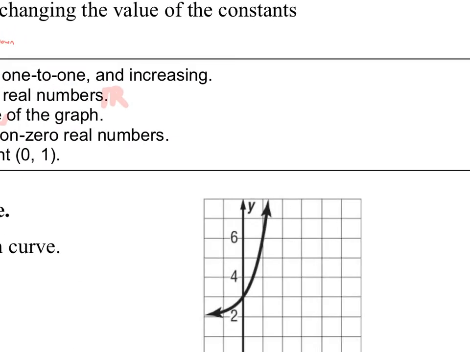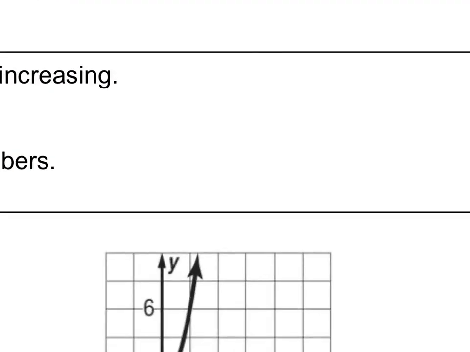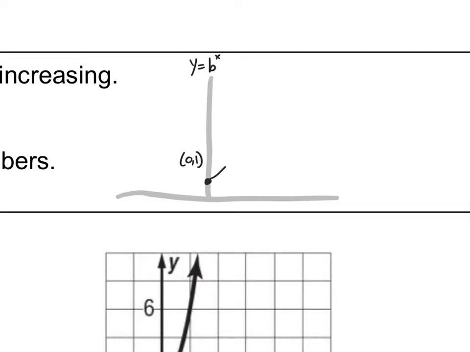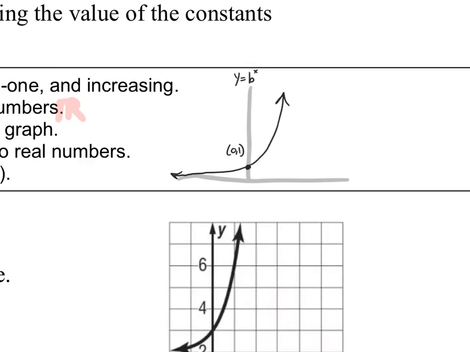So let's make a quick sketch of what a graph here would look like for y equals b^x. It's telling us we're going to have a point right here at (0, 1), and then it would grow like this. And what it was talking about for that asymptote is something like this.